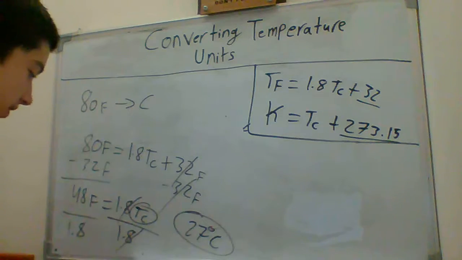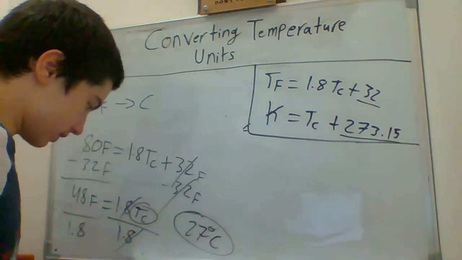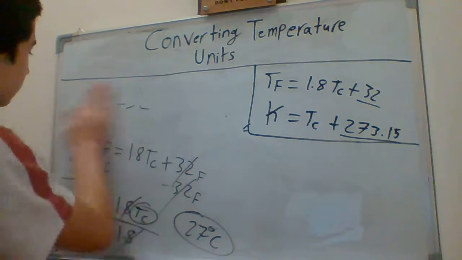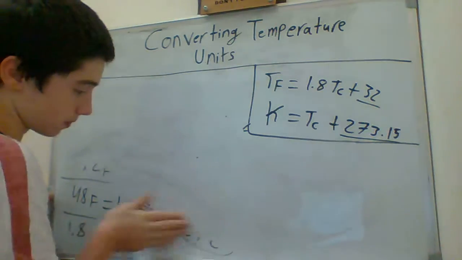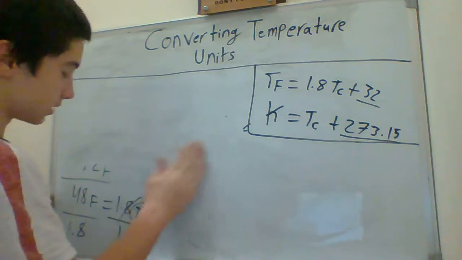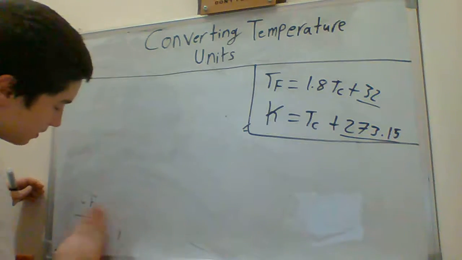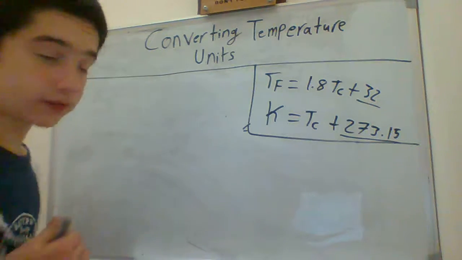So let's go for the next question. Let me get the eraser. Here it is. So the next question is going to be Fahrenheit converted into Celsius again. So imagine we have 100 Fahrenheit.